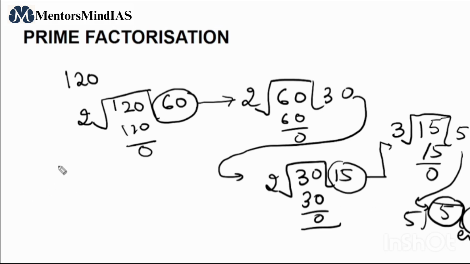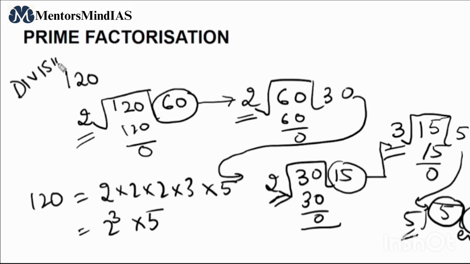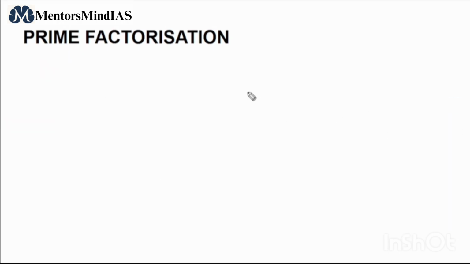The prime factors are 2, 2, 2, 3 and 5, so that 120 can be written as 2 into 2 into 2 into 3 into 5, which is 2 cube into 5. This is the basic division method for doing prime factorization. Let us take another example so that there is no doubt in your head.